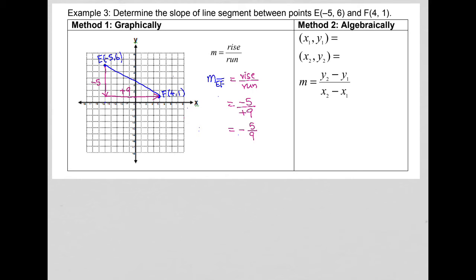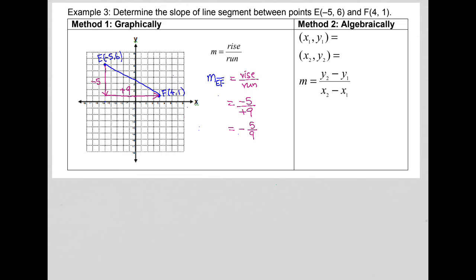Or I can do it a different way. I'm going to use a green one now. I want to find the slope of line segment EF, but I can write FE. That means I'm starting from point F and I go to point E. Same thing: to find the slope, you have to do rise over run.